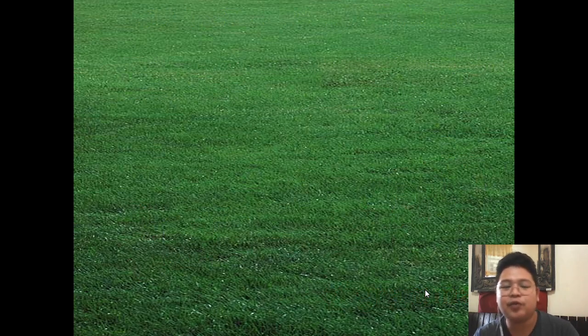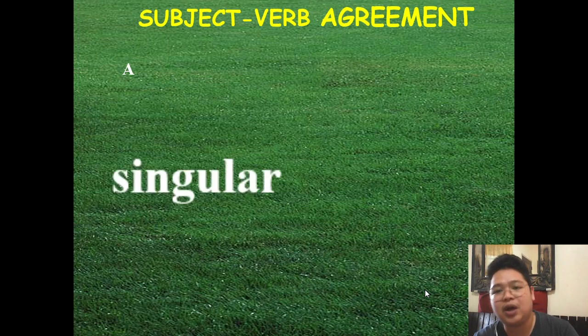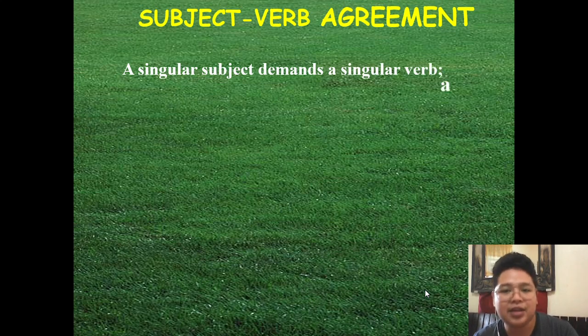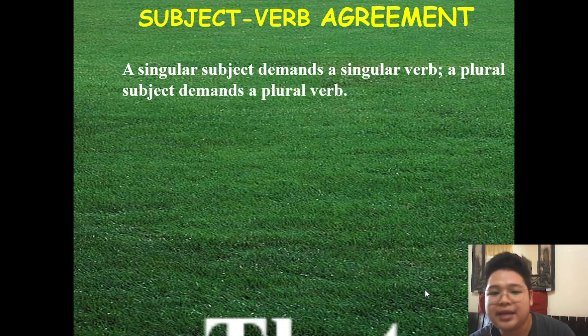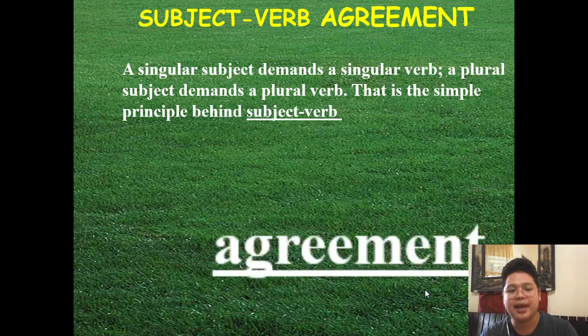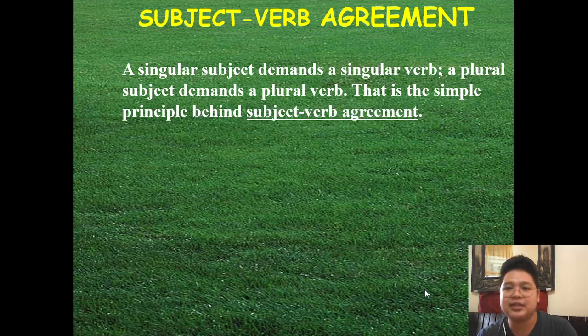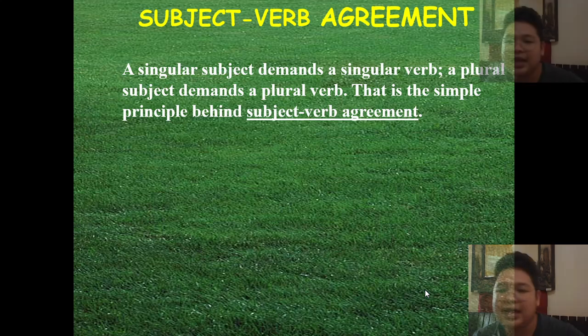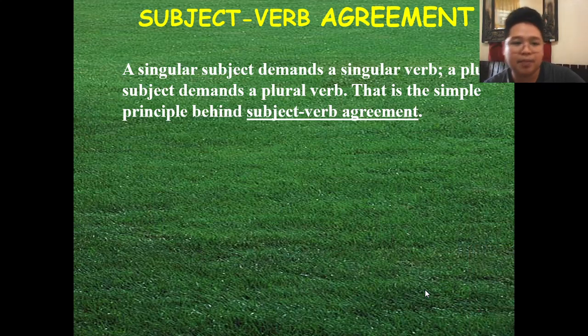Okay, so first thing that you're going to take note of is that a singular subject demands a singular verb, and a plural subject demands a plural verb. So that is the simple principle behind subject-verb agreement.